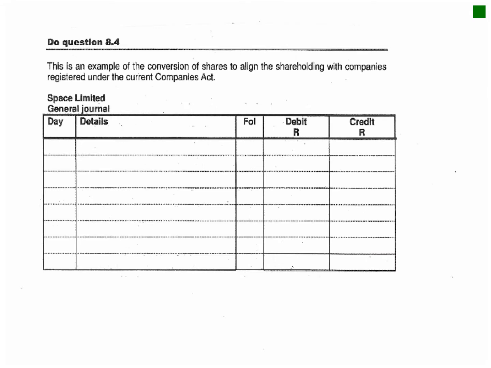So the journal entry that we're going to do is that on the 30th of June 2007, we are going to be debiting the share premium account with 150,000 Rand. The share premium account would have had a credit balance. We're now debiting it. And we are going to be crediting share capital with 150,000 Rand.